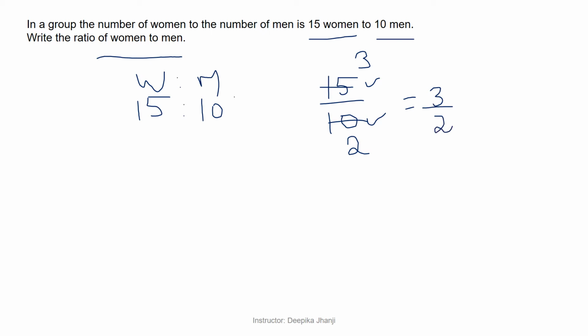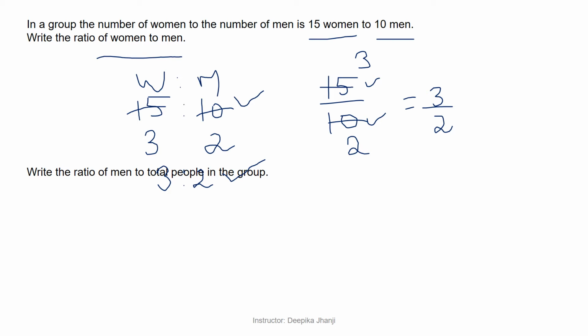Same way, in this notation, we reduce both the terms into lowest terms using the common factor method. So 5 threes are 15, 5 twos are 10, and we write down the final answer as 3 is to 2. So the ratio of women to men is 3 is to 2.